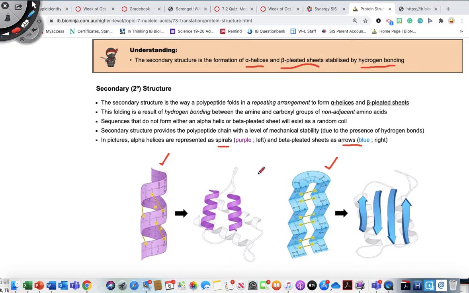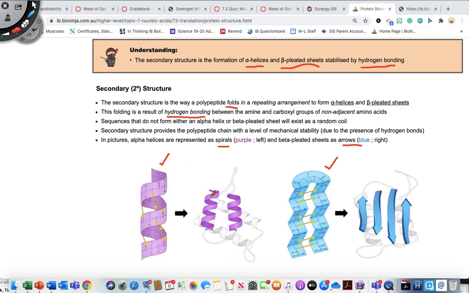So what happens? How does a primary structure turn into a secondary structure? Well, the amino acids fold. And when they fold, they form these repeated arrangements of alpha helixes and beta pleated sheets. And the folding is a result of the hydrogen bonding.